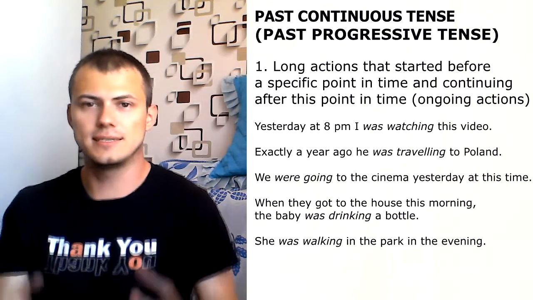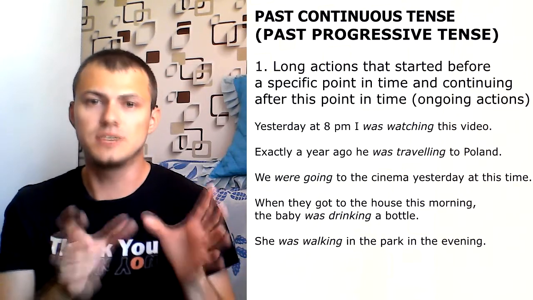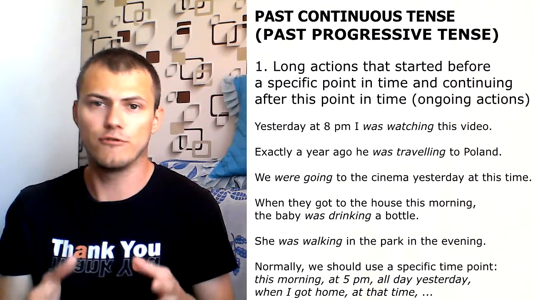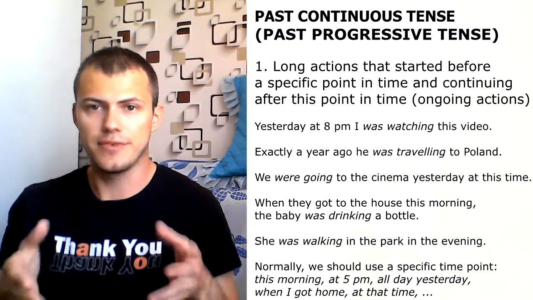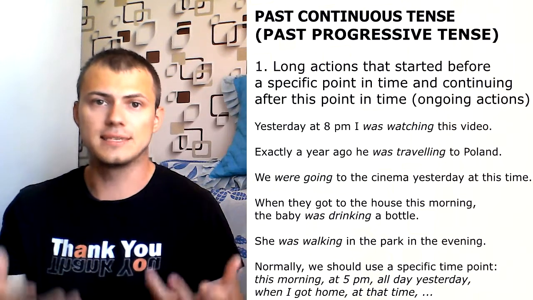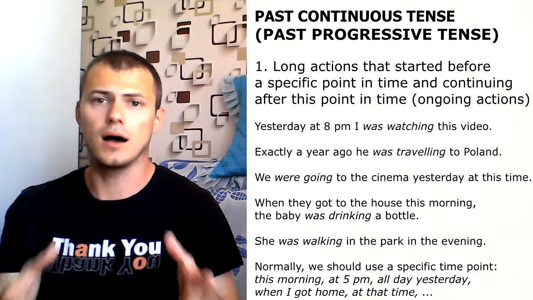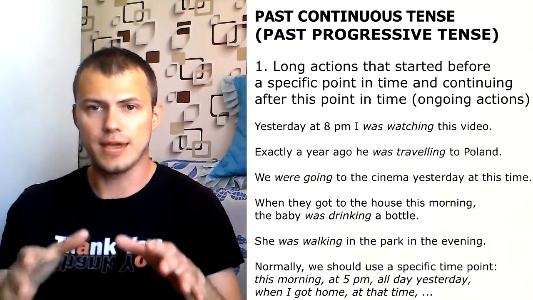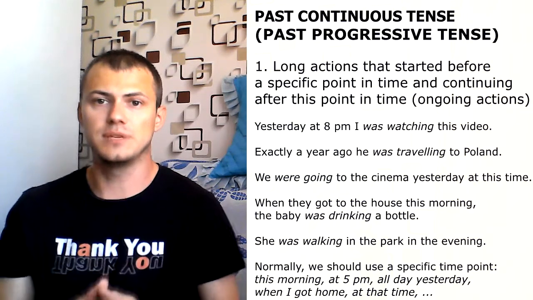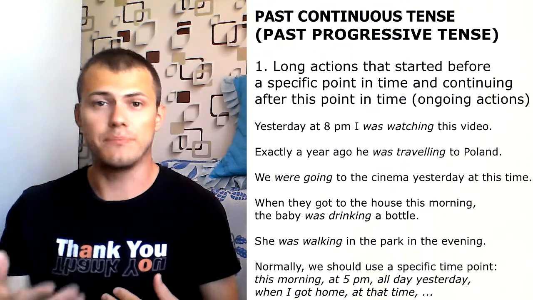As you can see, in these sentences, we have a specific time or specific period of time, for example, 8 p.m., this evening, this morning, the same time last year, and we talk about actions that took place at this specific time, but this is unlike the past simple tense.